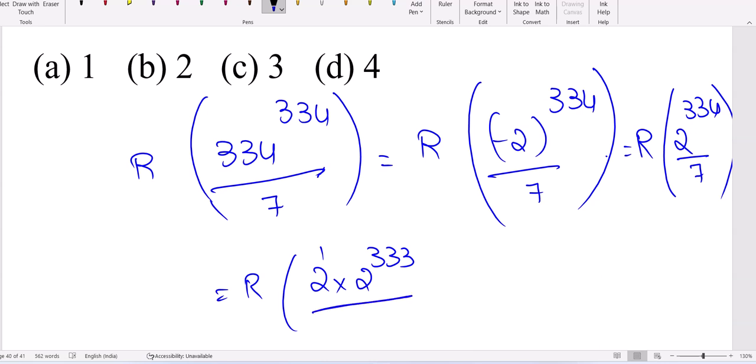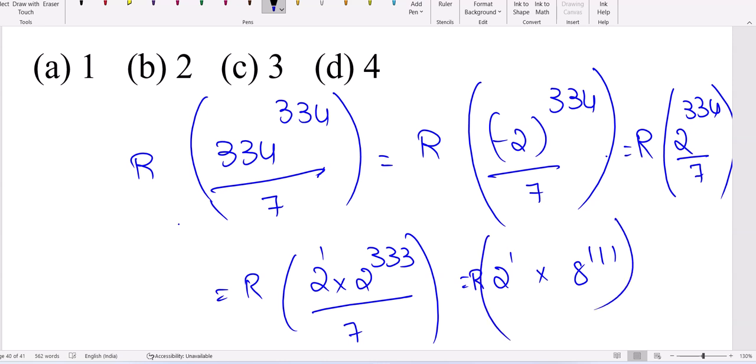Now 2 power 333 can be written as 8 power 111, that is 2 cube whole power 111, since 333 is 3 into 111. 8 divided by 7 is remainder 1, so 1 power 111 is also 1.